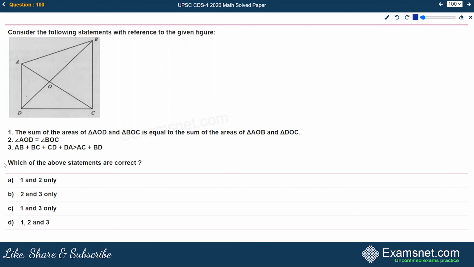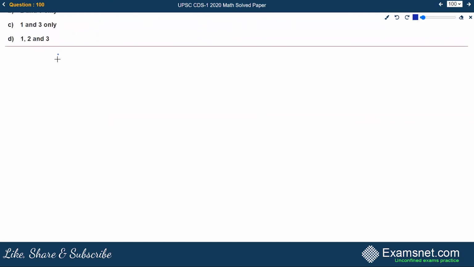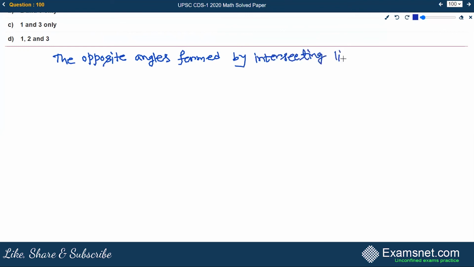We will check each of the statements separately. First, we know that the opposite angles formed by intersecting lines are equal, because they are vertically opposite angles.